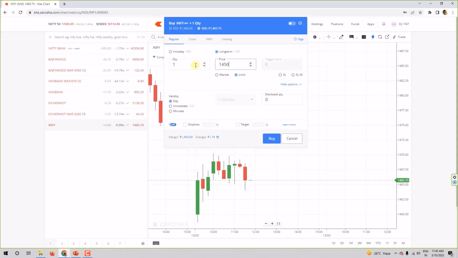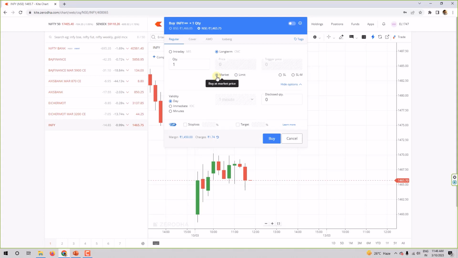The stock will be bought only when the price reaches 1450 rupees. Until the price of the stock reaches this price, the stock will not be bought. Market order means you want it right away. Limit order means you are willing to wait for some time so that you get it at the price that you want. So that is about this.